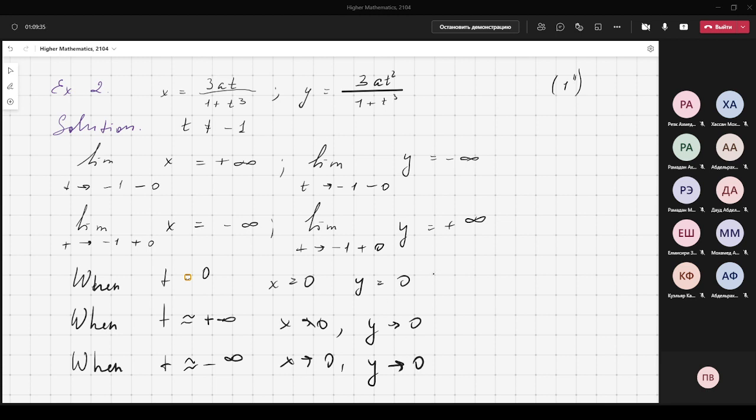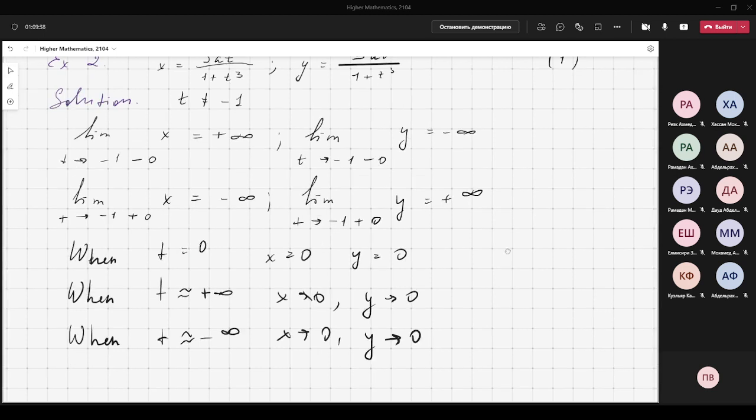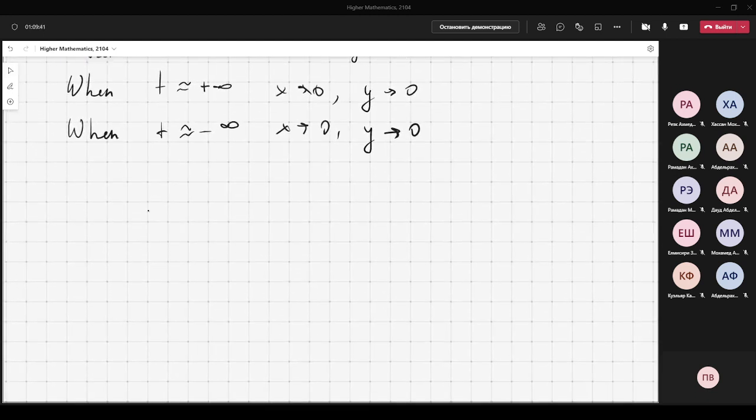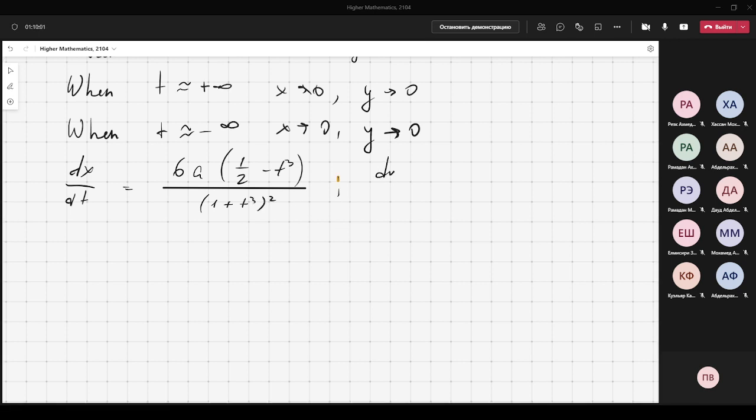Find dx over dt and dy over dt. dx over dt will be equal to 3a times 1 minus 2t cubed over 1 plus t cubed squared. dy over dt will be equal to 3at times 2 minus t cubed over 1 plus t cubed squared.